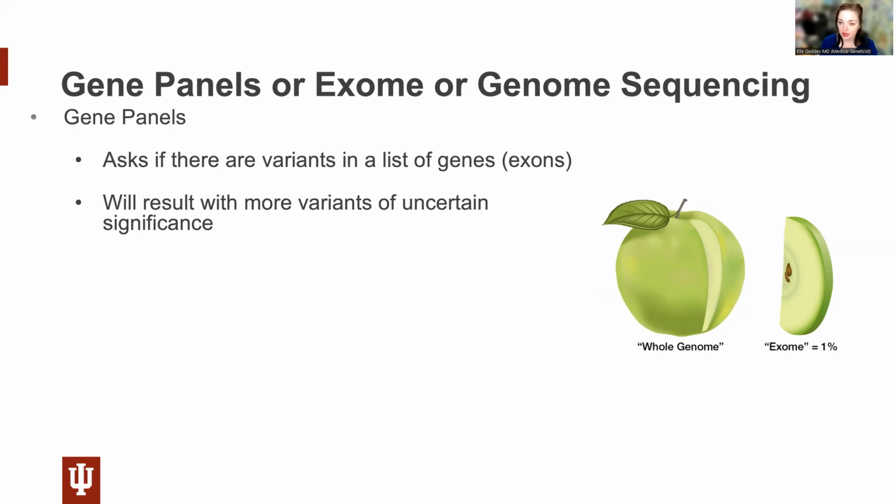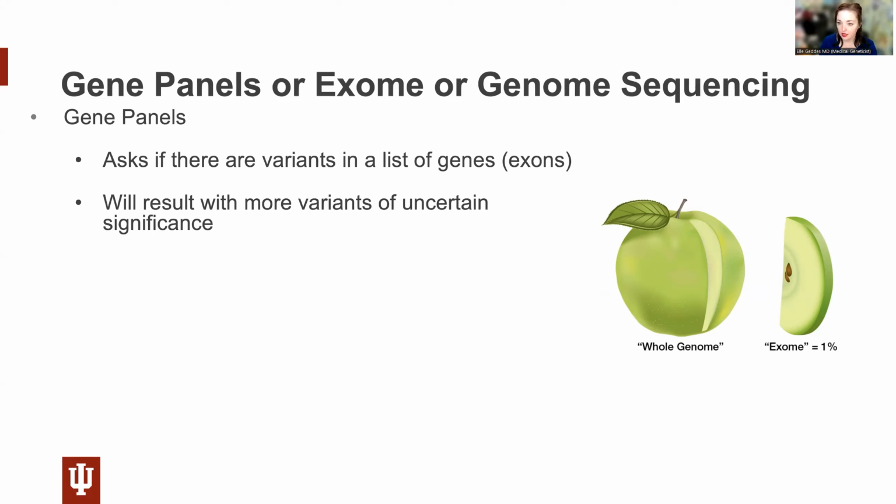And so gene panels, which until recently and in a lot of areas are still the only potential option for more advanced testing, the question we actually ask the test is, are there variants or typos in a list of genes?